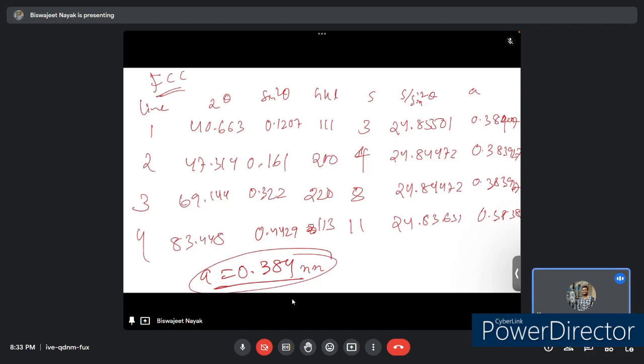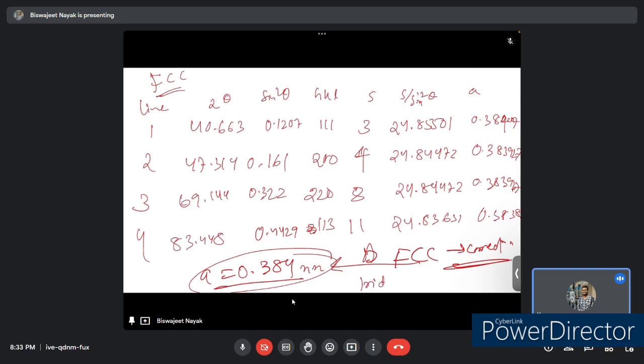So here the assumption for FCC is correct. We can check it for BCC too, and whether A remains the same or not we can check. And for an FCC structure with lattice parameter equal to 0.384, we can check the element.